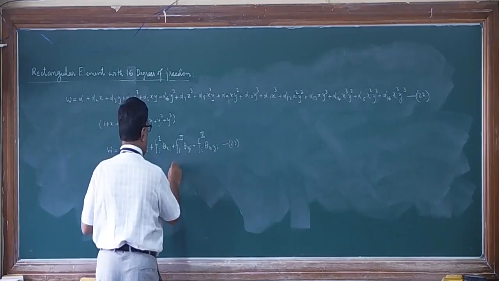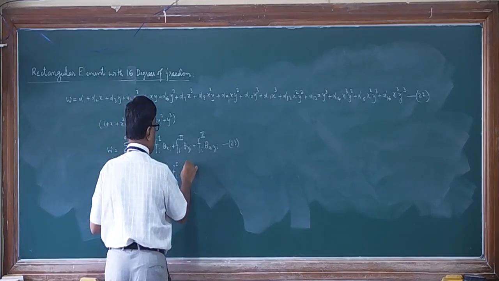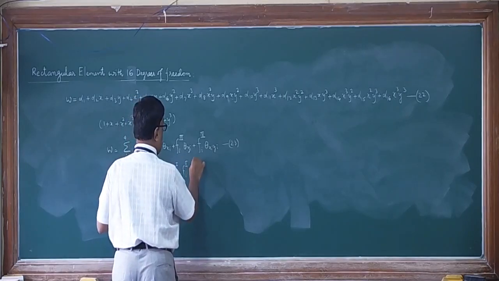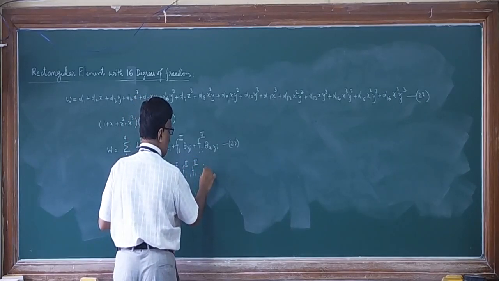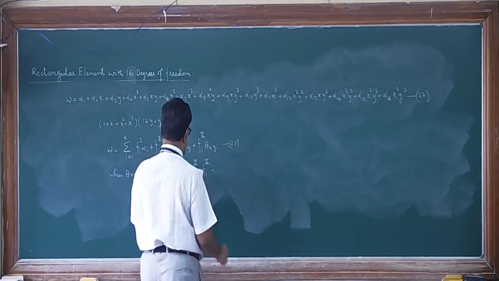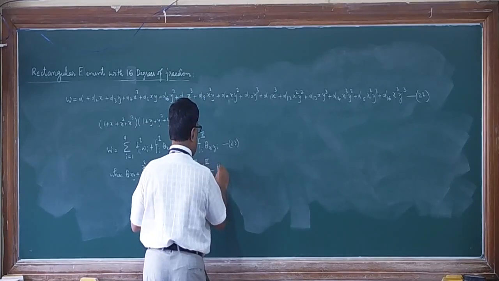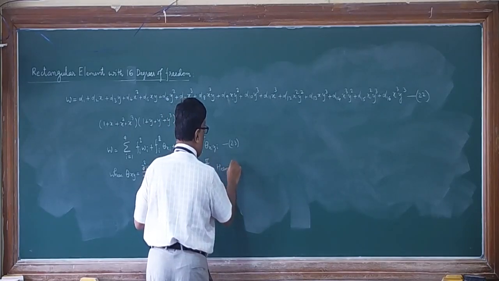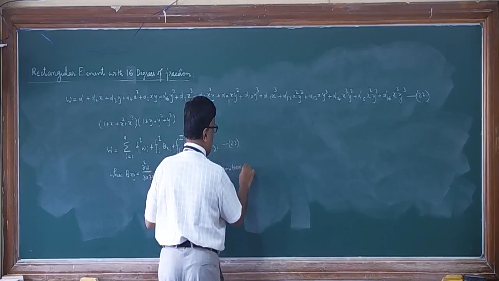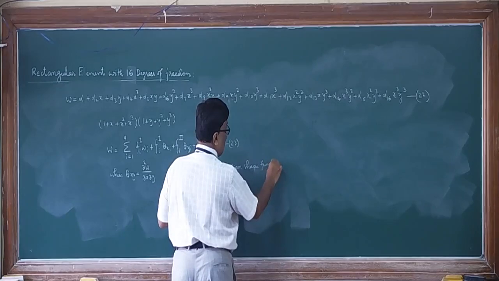These Fi1, Fi2, Fi3 and Fi4 are called Hermitian functions. Okay, these are not ordinary functions, these are called Hermitian shape functions. We call it in beams. If you remember, we have used these Hermitian shape functions. Here also they are called Hermitian shape functions.